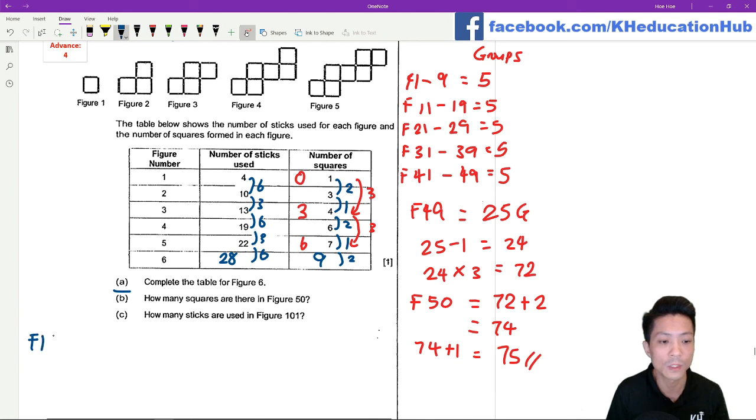Let me try and do it this way. From figure 1 to figure 99. Okay, how many groups are there? There will be 50 groups, right?